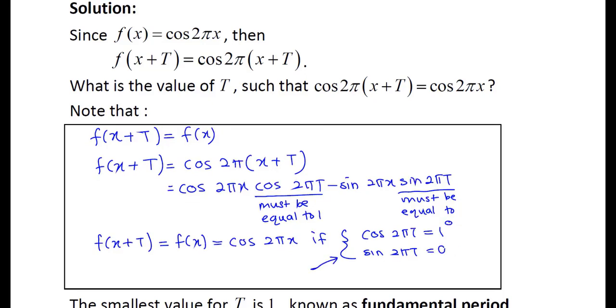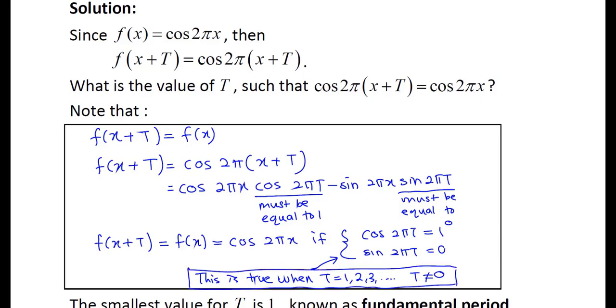This is true when T is equal to 1, 2, 3 and so on. Remember that T cannot be equal to 0.